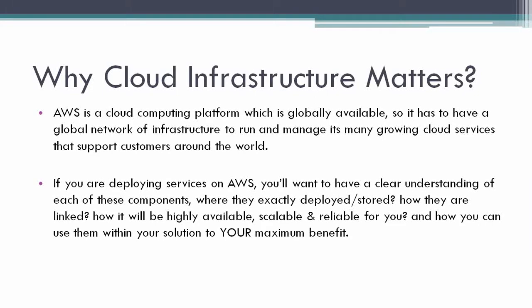If you are deploying services on AWS, you will want to have a clear understanding of each of these components, where exactly they are deployed or stored, how they are linked, how it will be highly available, scalable, and reliable for you, and how you can use them within your solution to your maximum benefit.